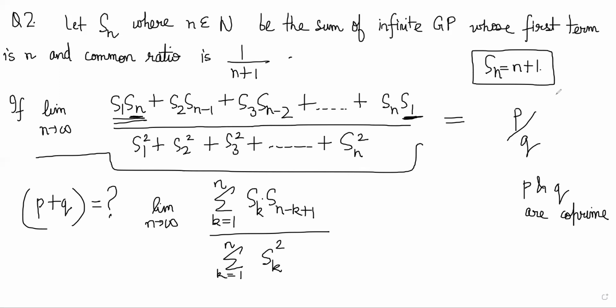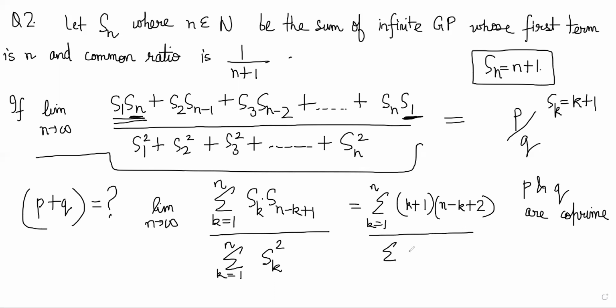So S of K for you is K plus 1, right? So then you will get in terms of K, summation K goes from 1 to n, K plus 1 into S of n minus K plus 1, which will be n minus K plus 2, divided by summation K plus 1 whole square, K goes from 1 to n.